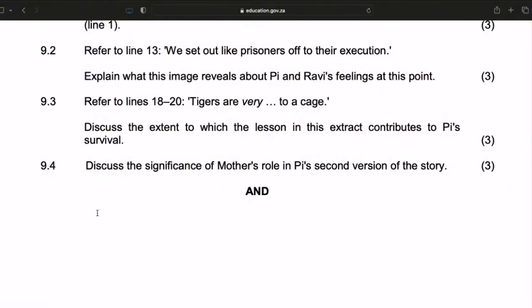The first mark will be describing Pi's mother as being gentle, caring, and nurturing. The second mark is that Pi's mother continues to protect Pi. The third mark, you account that Pi becomes a savage and animalistic because of his mother's death. Okay, so obviously you explain that in full sentences and not point form.